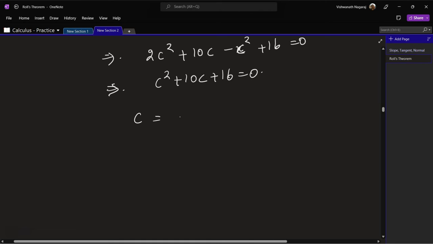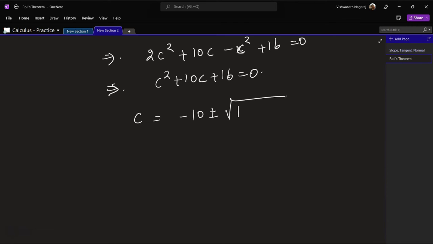So c is equal to minus b, that is 10, plus or minus square root of b square, that is 100, minus 4ac, so 16 fours 64, divided by 2a.